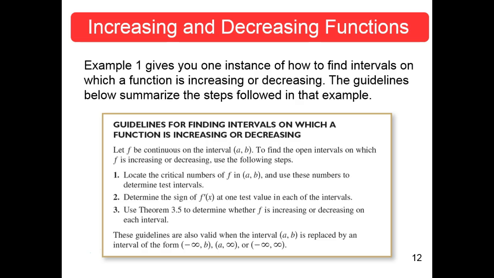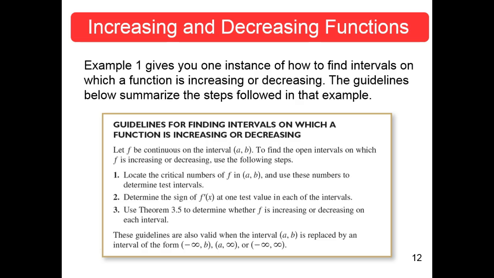Okay, so first thing, take a derivative, first answer, okay? Then the critical numbers are where that's either equal to 0 or doesn't exist. Use those numbers to determine your test intervals. Test something to the left, something in between, and something to the right of every pair of those, okay?